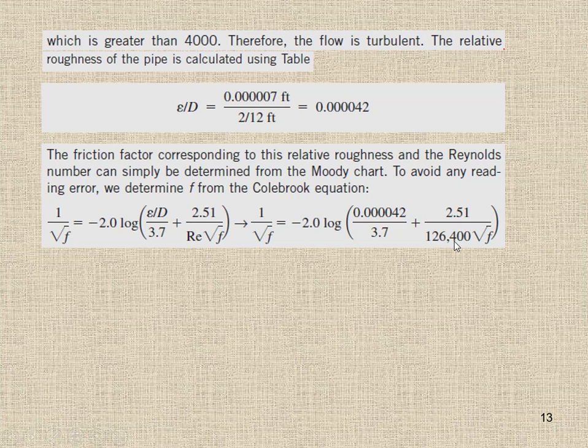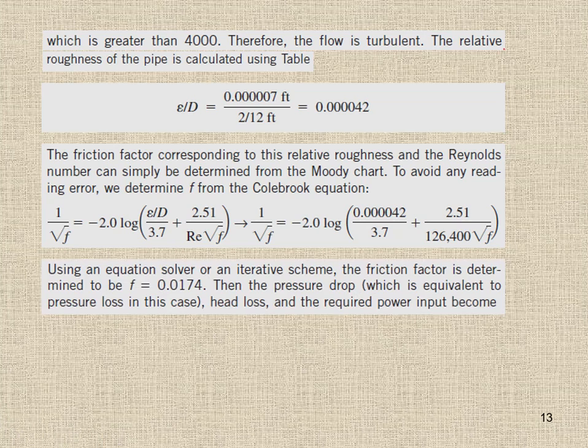Now we have f on both sides, so we have to determine the value of f by trial and error method. Take any value of f, which is less than 1, put it in, and calculate the value of f.